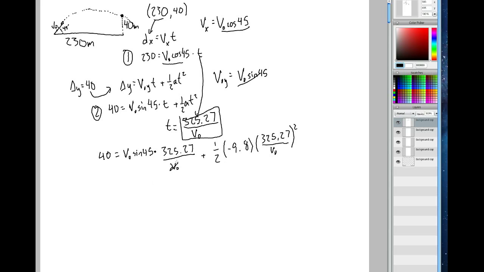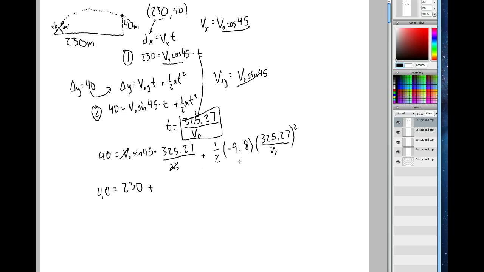So look over here. Beautiful thing. So 40 equals, let's simplify this a little bit. Go 325.27 times sine of 45. Oh, and look at that, we get 230. That's beautiful.